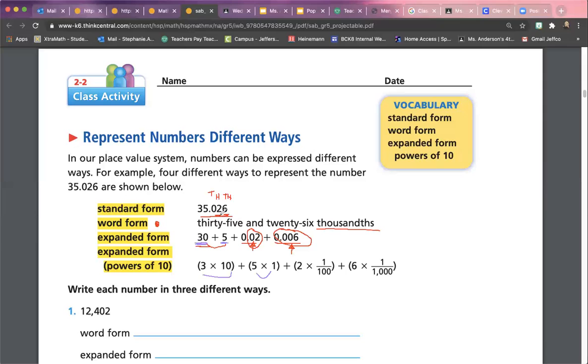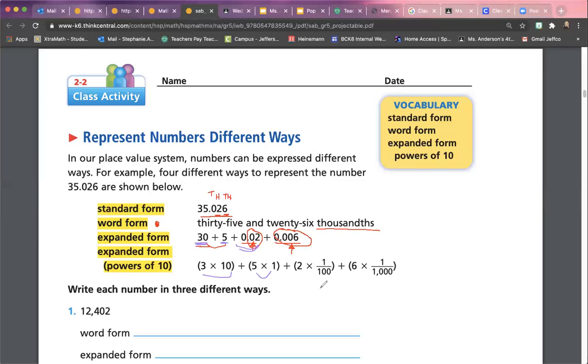Now, we decided when we looked at our original number, we don't have any tenths, so we don't have to write anything. You don't have to say 0 times 1/10, because it would still give you 0. So you can just skip over anywhere that there are zeros when you go into expanded form. Now I know I said right here I have 2 hundredths.